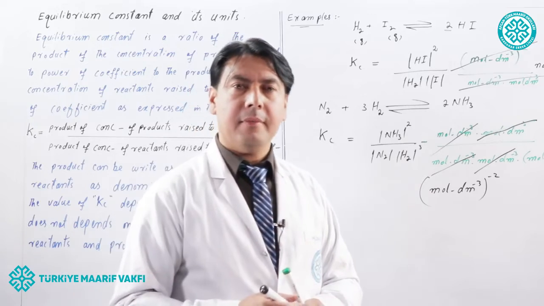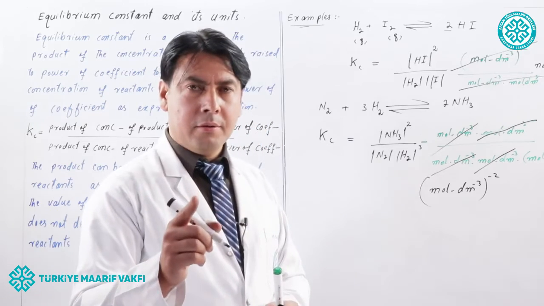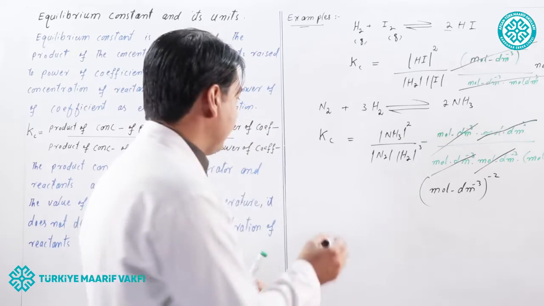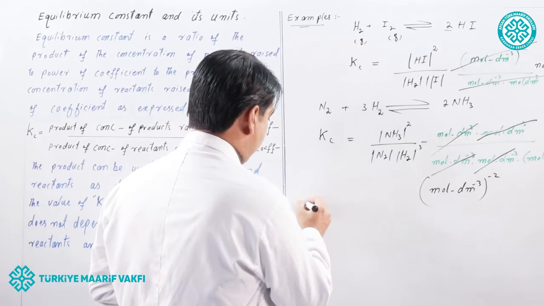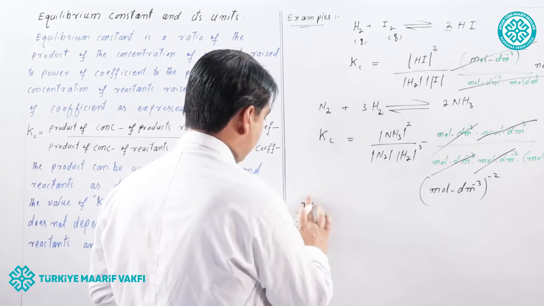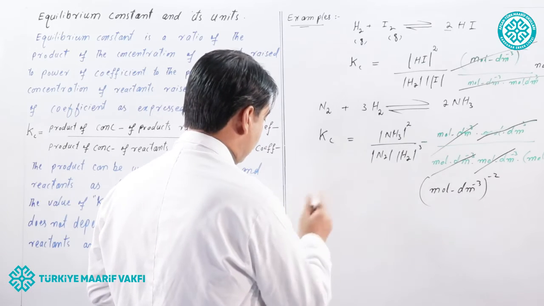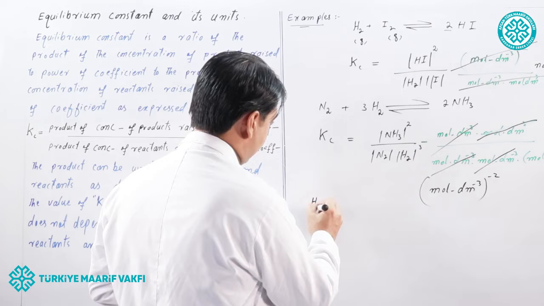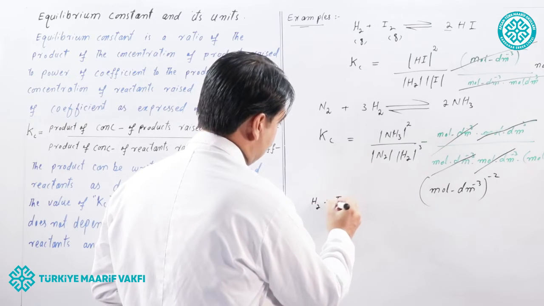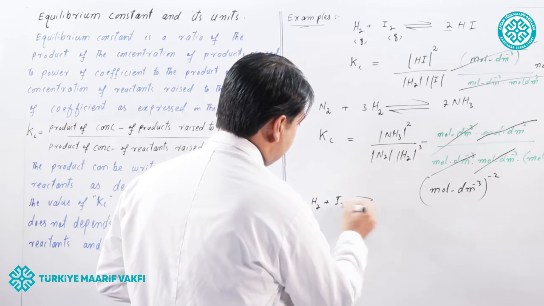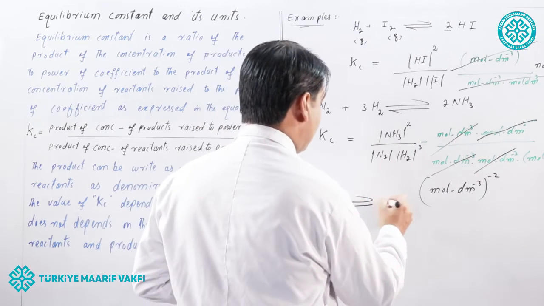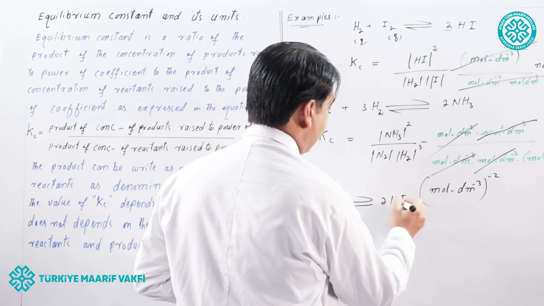Now we are going to solve another example. H2 plus I2 react reversibly to form 2HI.